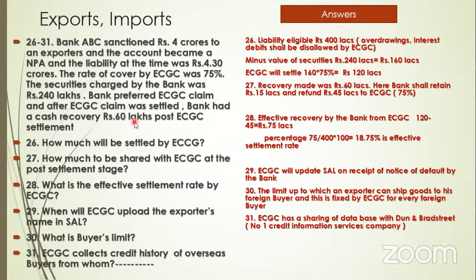Any recovery also, you have to share with ECGC in the same ratio. 75% you have to give back to ECGC, remember. Only 25% the bank can retain. So the calculation will undergo a small change. Finally, the question will be, what will be the effective settlement? Step by step, you can easily understand, boss.